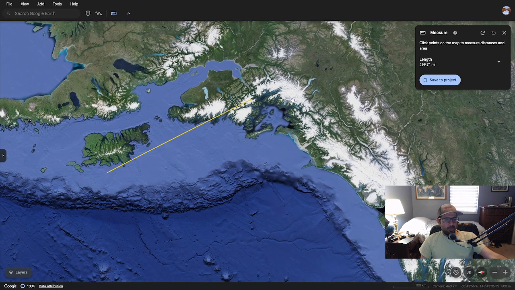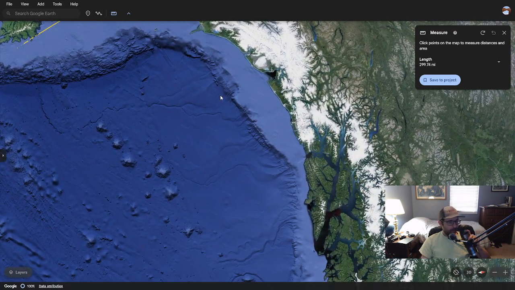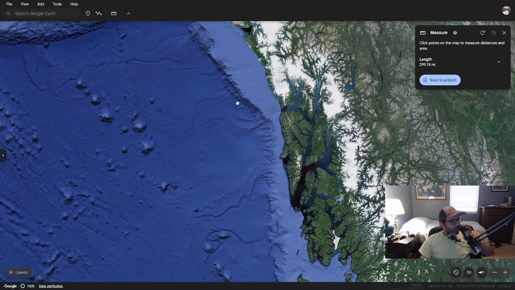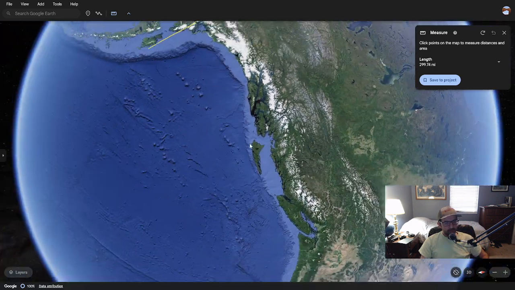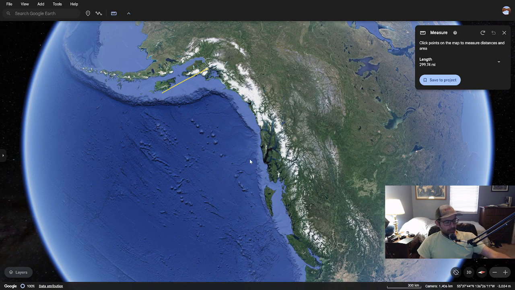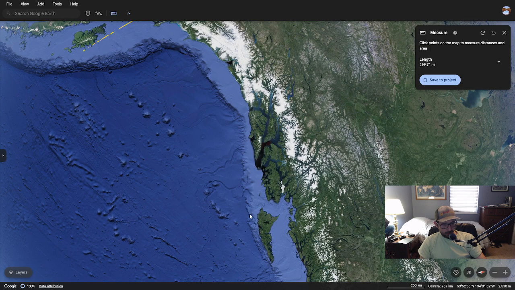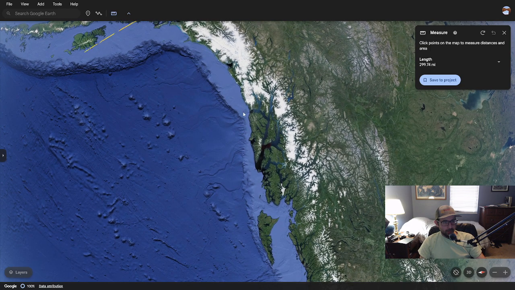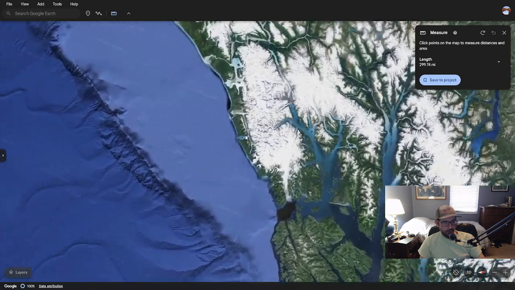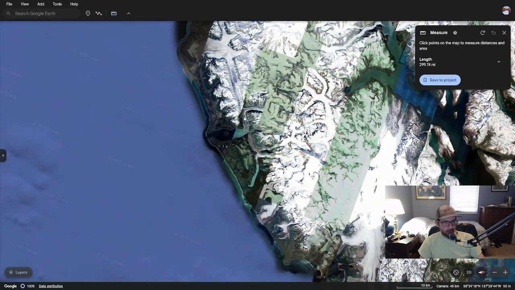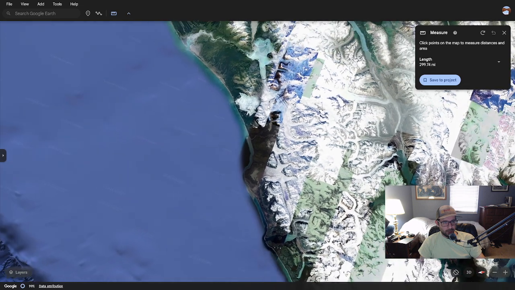Okay, what else? There's so many things. This path here generally goes up to the boundary where the Yakutat terrain is accreted.